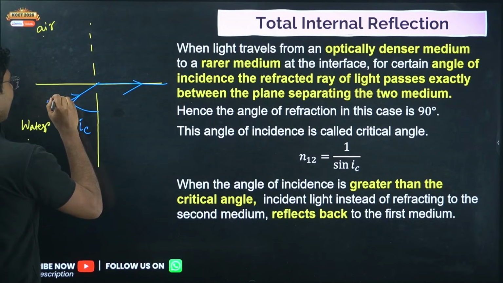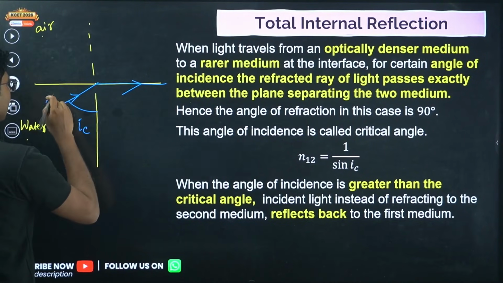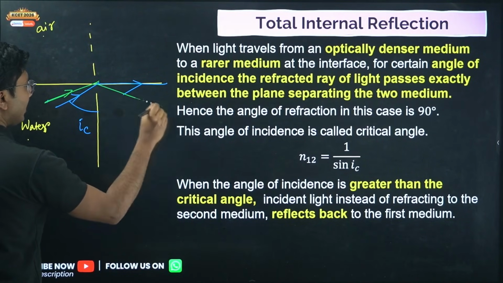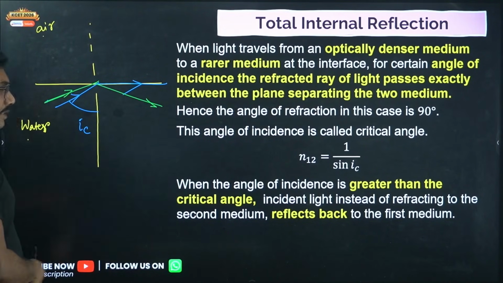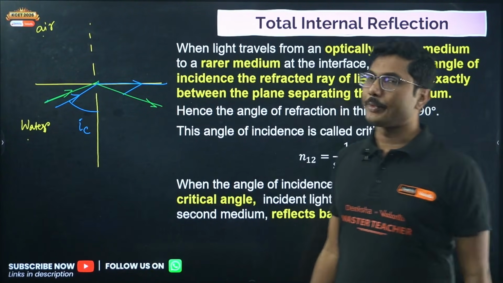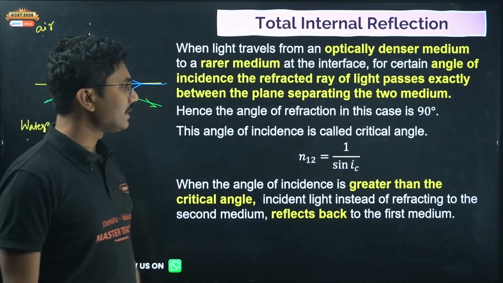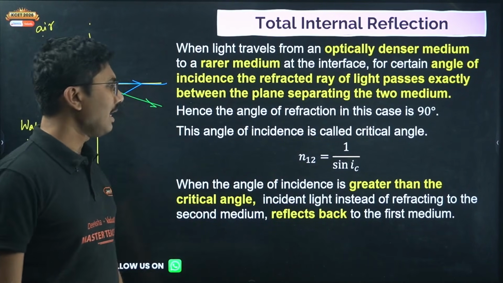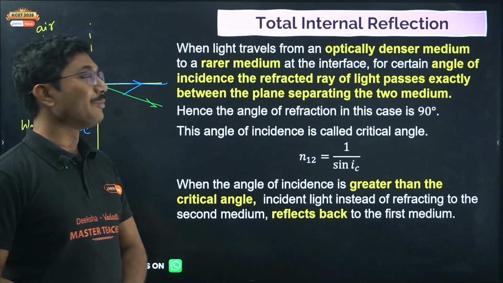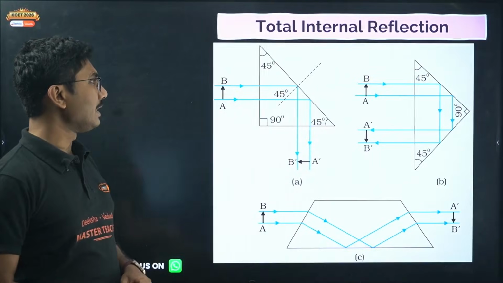If you increase the angle even further, the ray of light will come back to the first medium and it will obey the law of reflection as usual. And this phenomenon is called total internal reflection.